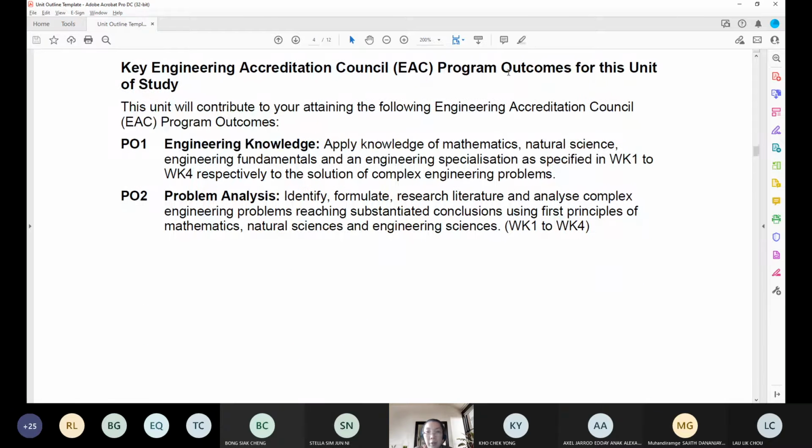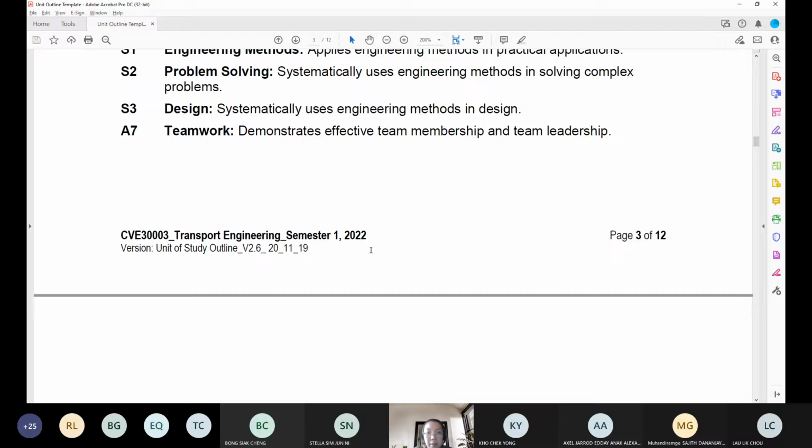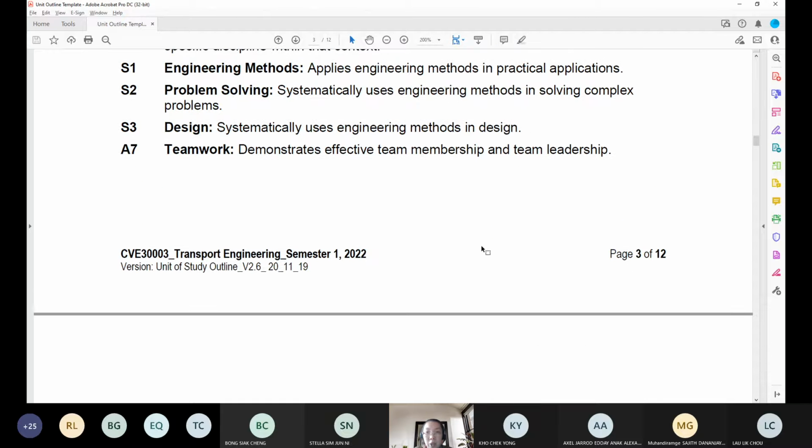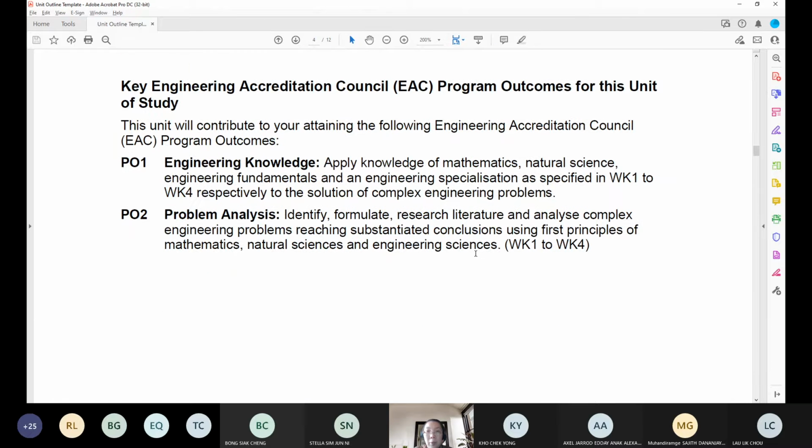In terms of EAC program outcomes, what's the difference between this program outcome and the competencies? This one is also program outcomes. Engineering competencies actually come from Engineers Australia. Because we are situated in Malaysia, our program also has to go through accreditation from the Board of Engineers Malaysia, BEM.